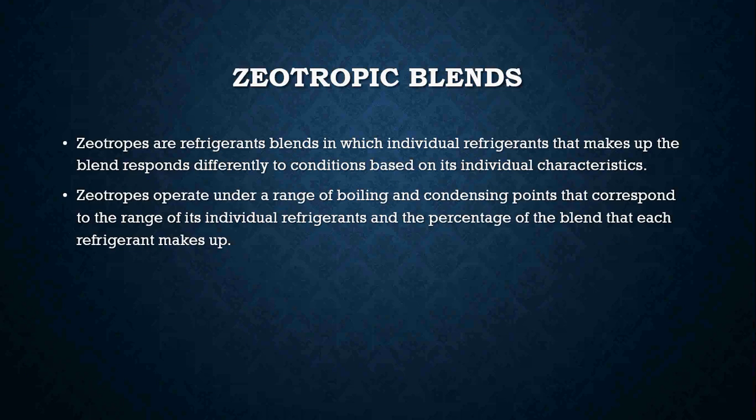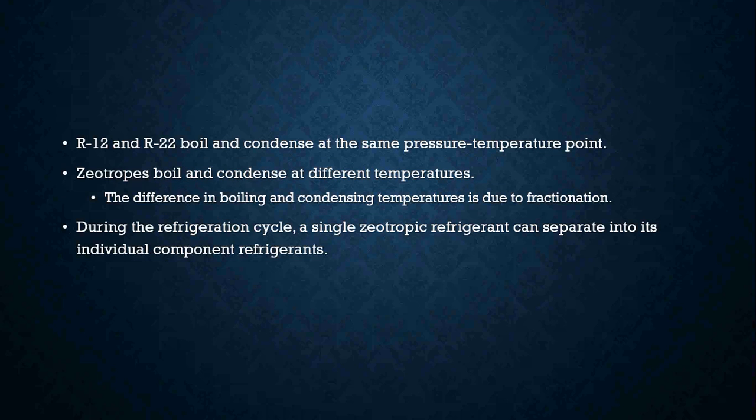So your zeotropic blends, these are refrigerant blends in which the individual refrigerants that make up the blend respond differently to conditions based on their individual characteristics. Zeotropes operate under a range of boiling and condensing points that correspond to the range of its individual refrigerants and the percentage of the blend that each refrigerant actually makes up.